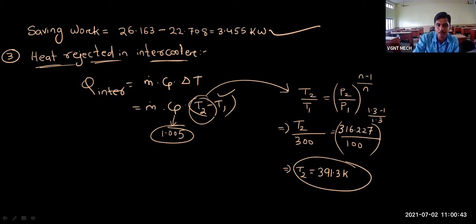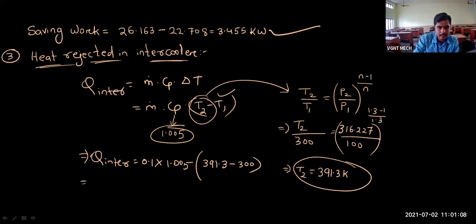Now this T2 value you put over here. So for Q, m value is 0.1, Cp is 1.005, T2 is 391.3 minus T1 which is 300.